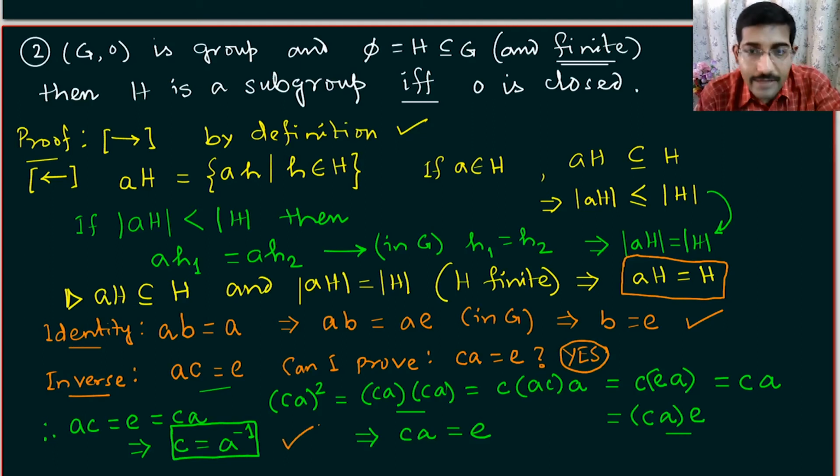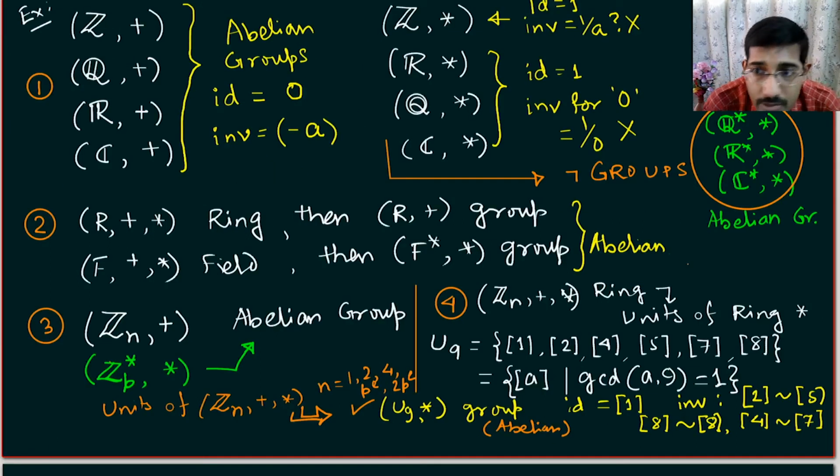Now, once I can prove all this, we can also think about proving the associativity principle. It's pretty simple. Everything tells that if this is closed and finite, it makes this a subgroup. All of the examples that we have seen in subgroups and groups are mostly abelian in nature. If you start from here, you see everything is abelian.